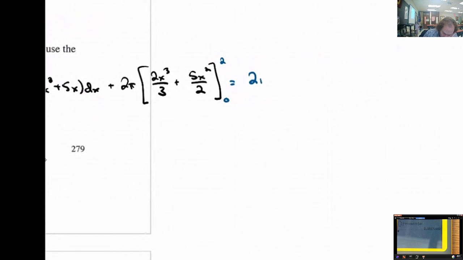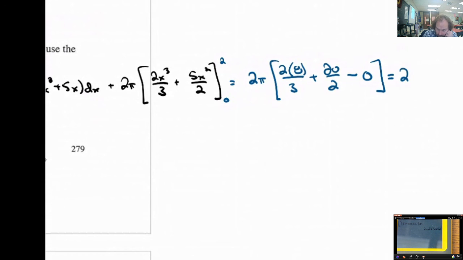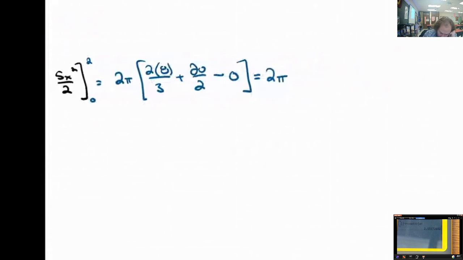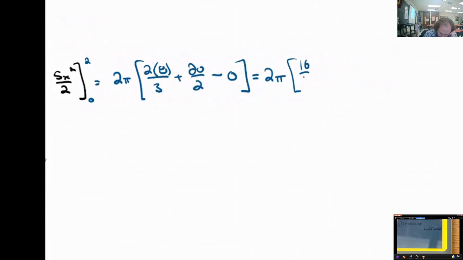So again, let's leave 2 pi off to the side. Plugging in 2 gives us 2 times 8, since 2 to the third power is 8, over 3, plus 5 times 2 squared, which is 4, so that's 20 over 2. And I will put a minus 0 at the end of this just to indicate that if we plug in 0, we get 0. Working one more step off to the side, we have 2 pi hanging out in front. We have to think about what 16 over 3 plus 10 is.